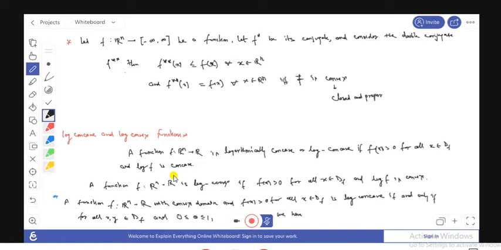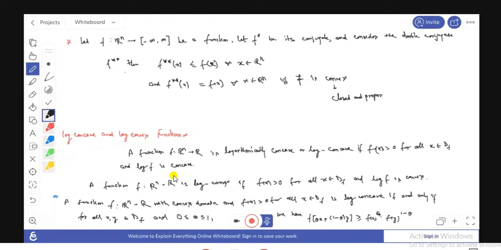Clear? Or you can say it another way: for any function defined on a domain, where the domain is a convex set and the function is always greater than 0, when will we call that function log concave? If and only if this condition holds: f of theta x plus 1 minus theta y is greater than or equal to f(x) to the power theta into f(y) to the power 1 minus theta.